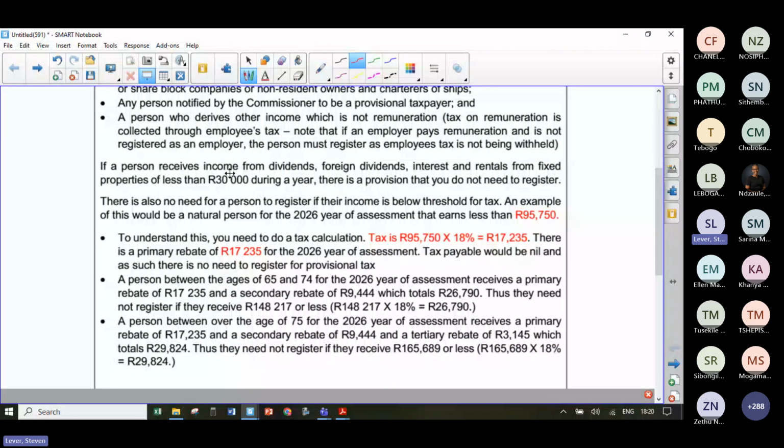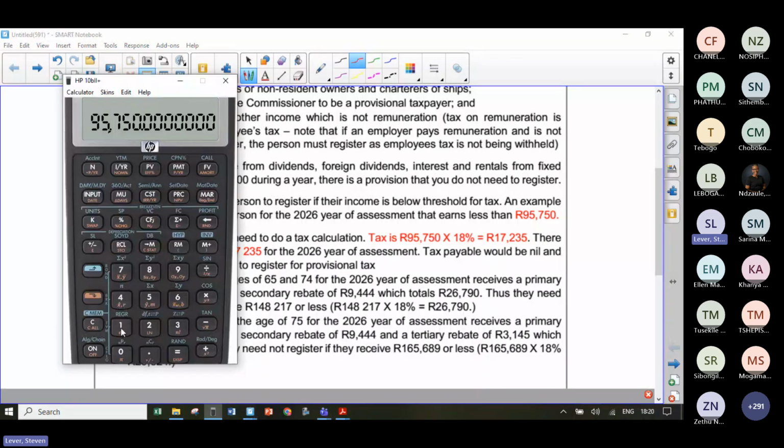The next thing, it says there's also no need to register if the income is below the threshold for tax. So let me just explain what this means. Let's imagine this is you. You get a rebate of 17,235 because you're under 65, which means that you do not need to pay tax unless you earn more than 95,750 Rand for the year.